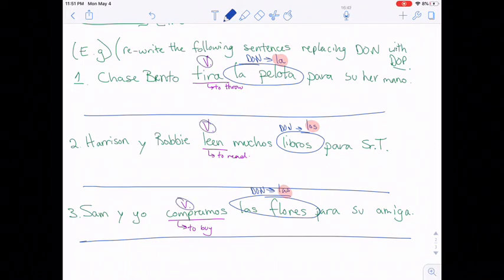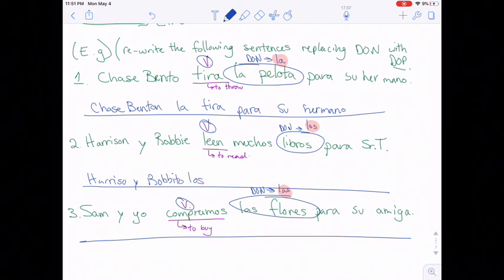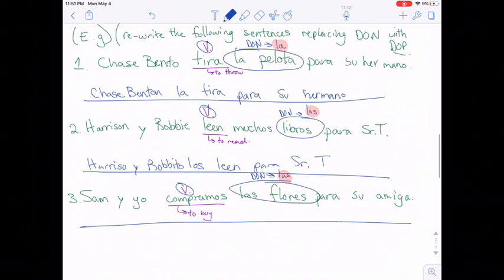Let's say we could put a Sam y yo compramos las flores para su amiga. There we go.